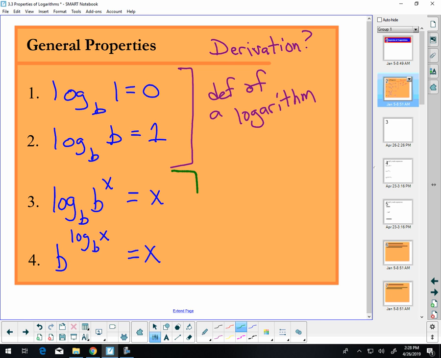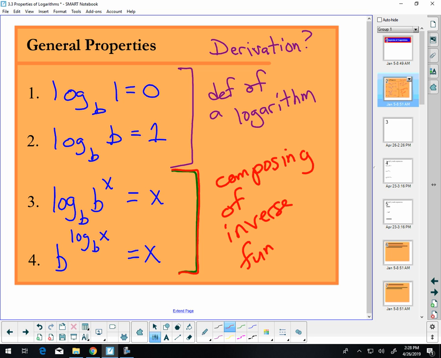The second two, or that's not a great color there, let's choose a different color. The second two are built on the fact that what we're really doing is composing, so the composition of inverse functions.